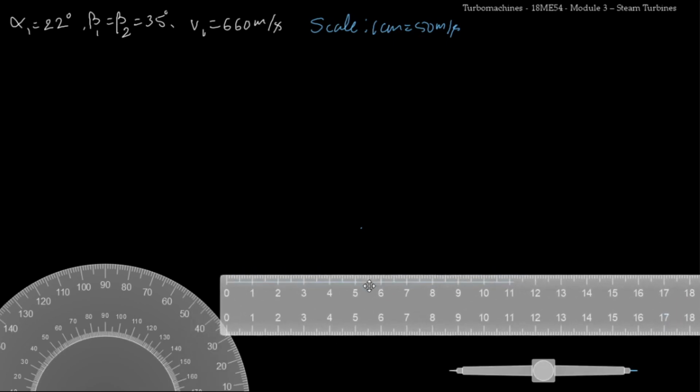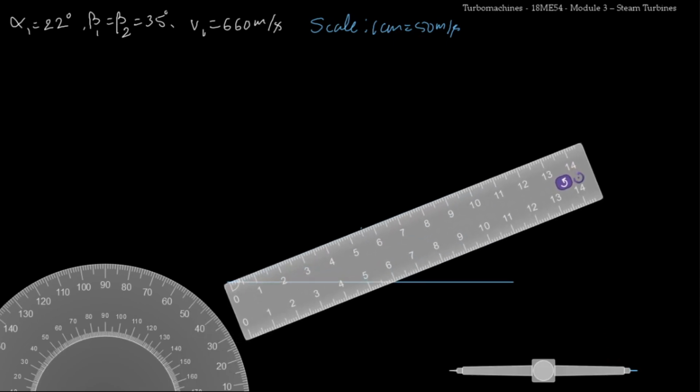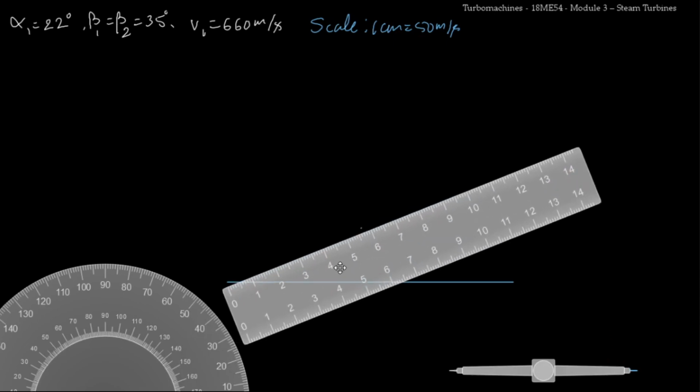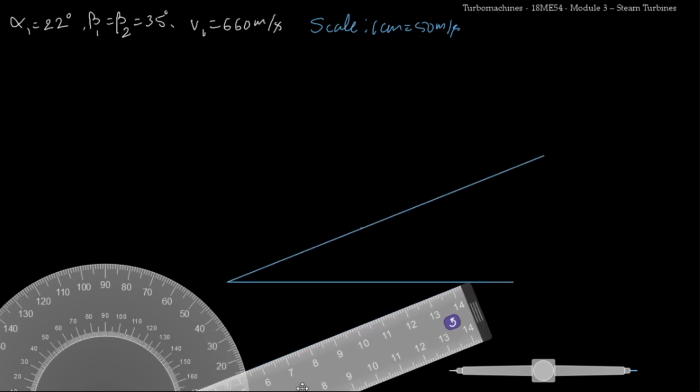I'll bring my scale over here and then I'll rotate the scale over this point. Now I'll just draw a line from this point. Again I'll not bother with the length because I'll be using compass.